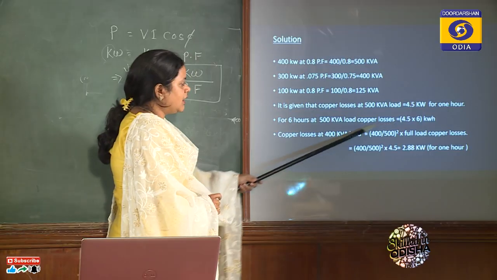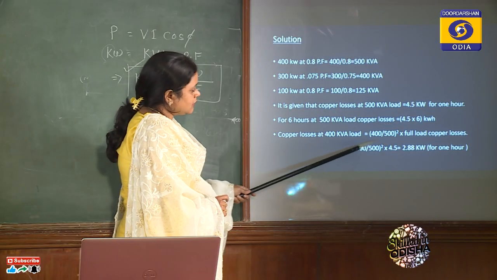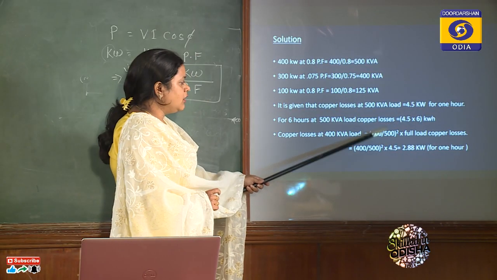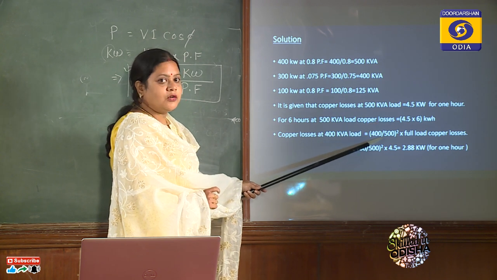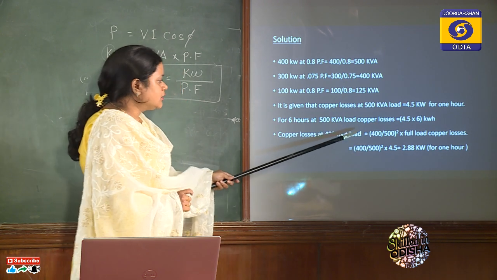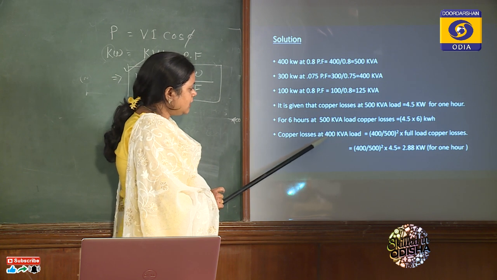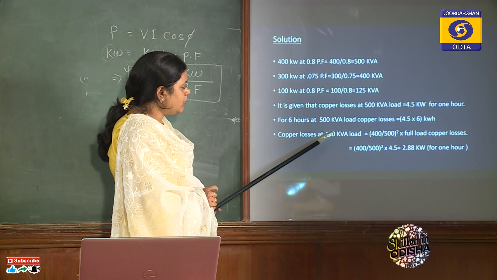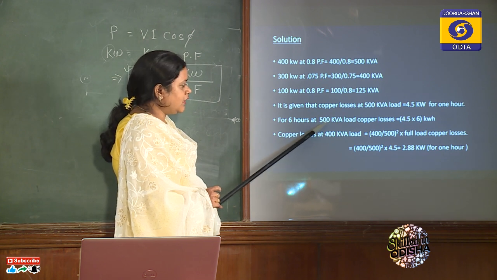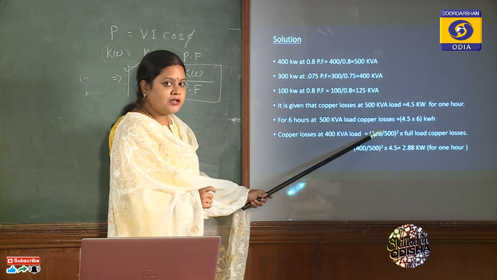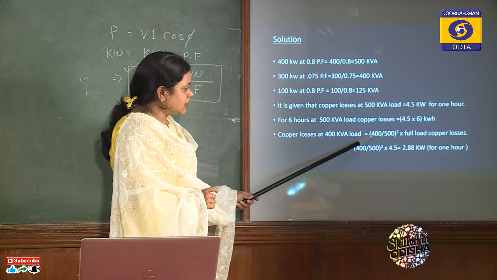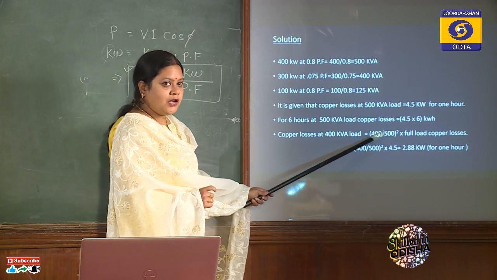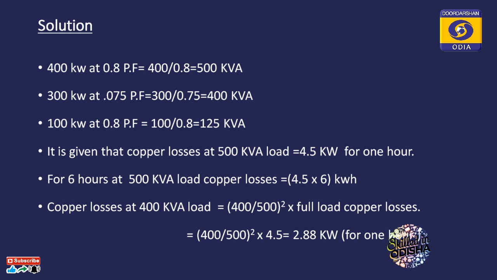Why? I have already said in my previous video that copper loss is equal to I square R. Here 400 kVA is the asking load and 500 is the given load. So asking load divided by the given load whole square into full load copper loss.